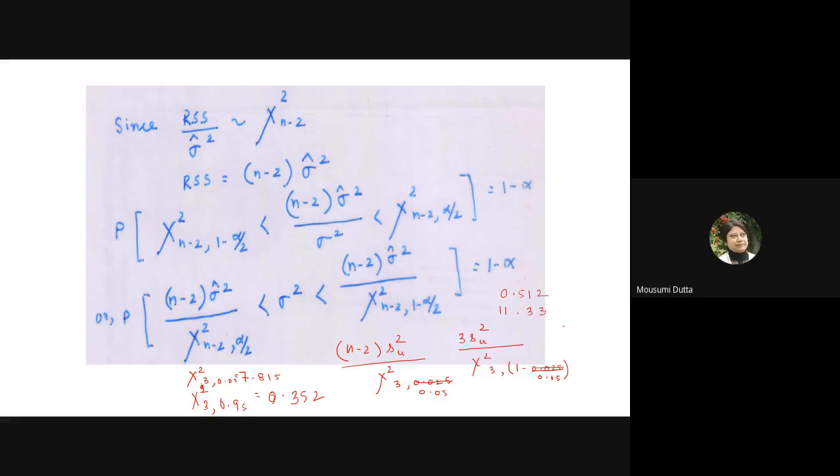Yes, the range will be large because of the difference between the two chi-square values.